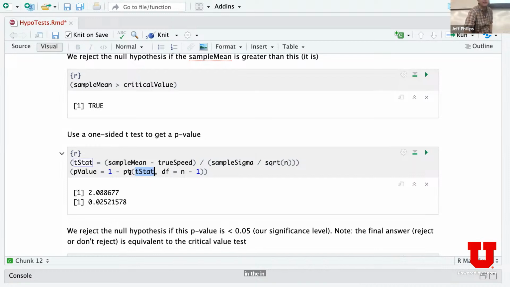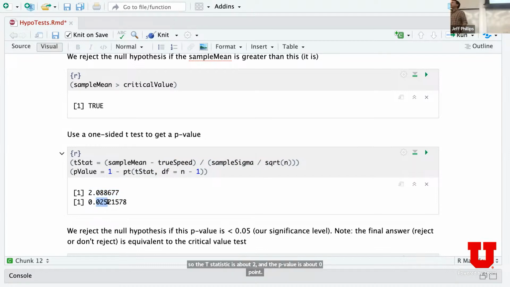This is the pt function: the p means the CDF, and the t means it's from the T distribution. Then take 1 minus that. So the T statistic is about 2, and the p-value is about 0.25.